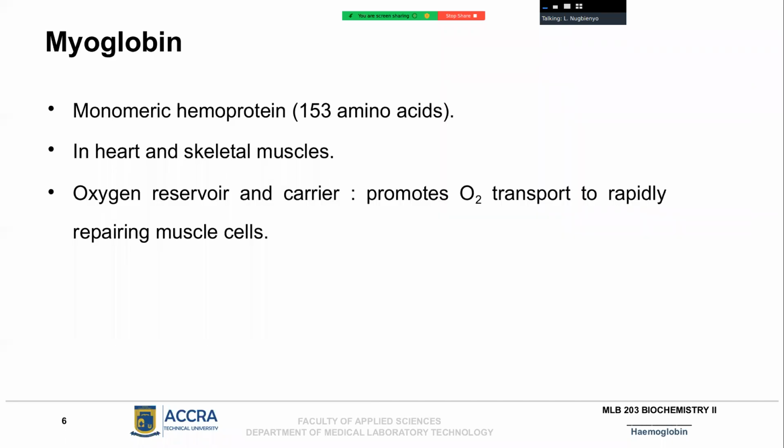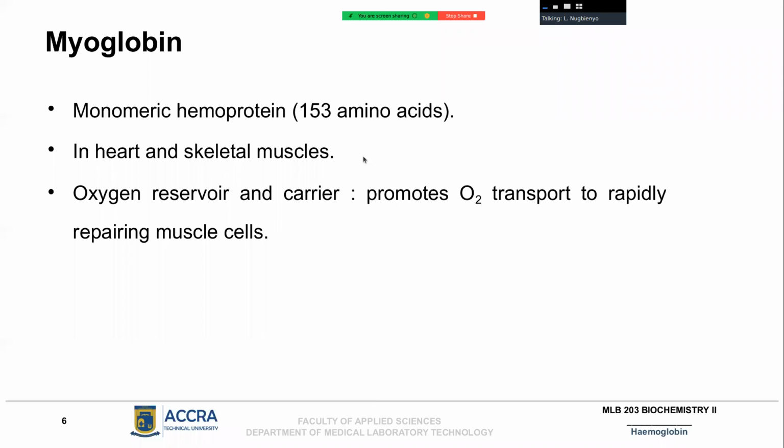Now, apart from hemoglobin as this hemoprotein in the blood responsible for cellular respiration, we also have myoglobin. Myoglobin you can refer to as a monomer of a hemoglobin.